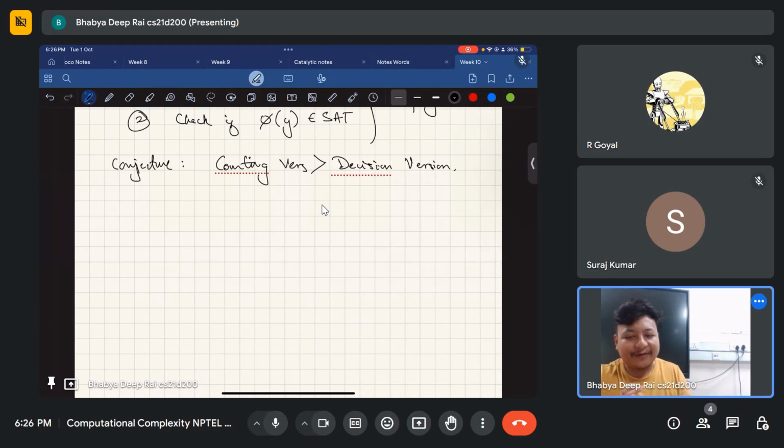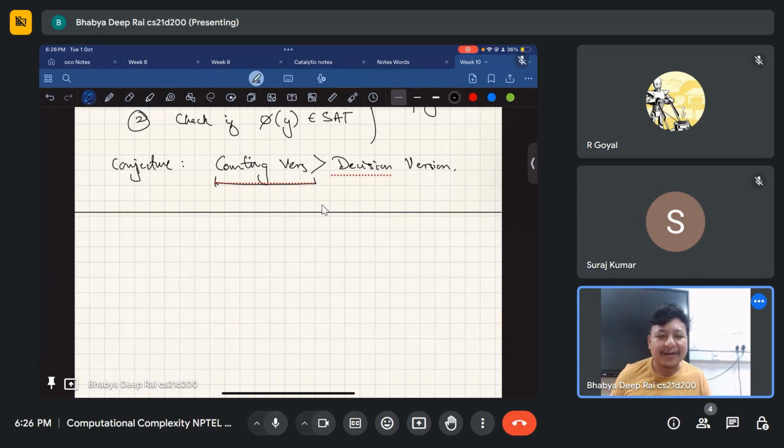And now we have enough reason to study the counting version. If studying the decision version was enough, then we would be well and happy. But it is not enough, because the counting version looks like a more non-trivial class. So it makes sense to give it enough importance.